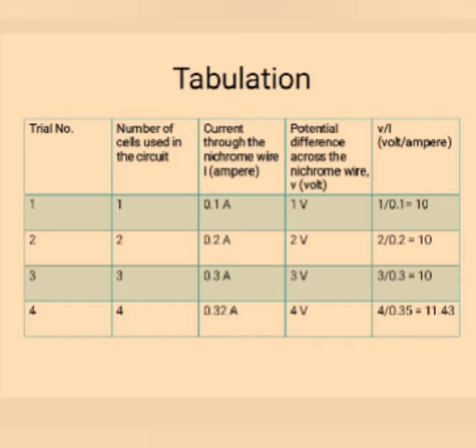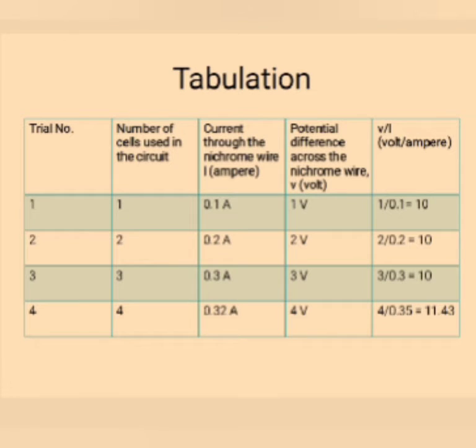Its potential difference is 2 volt. For 3 cells, current in the ammeter is 0.3 ampere. Potential difference is 3 volt. When the current increases, potential difference increases.